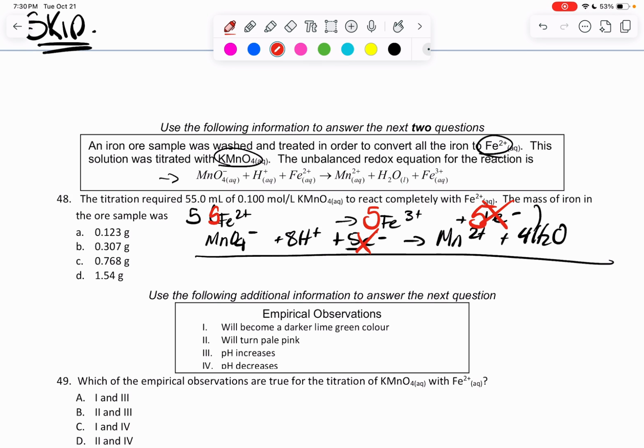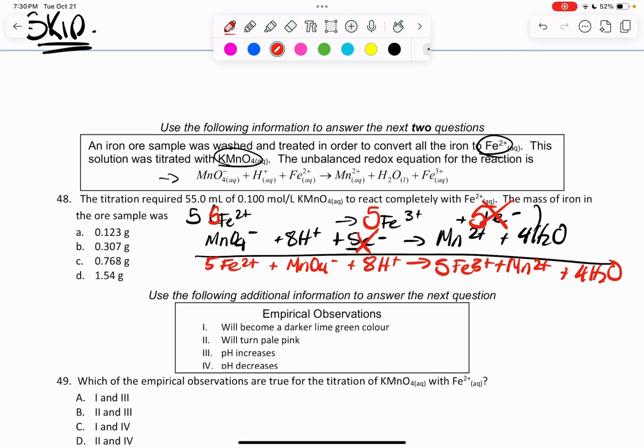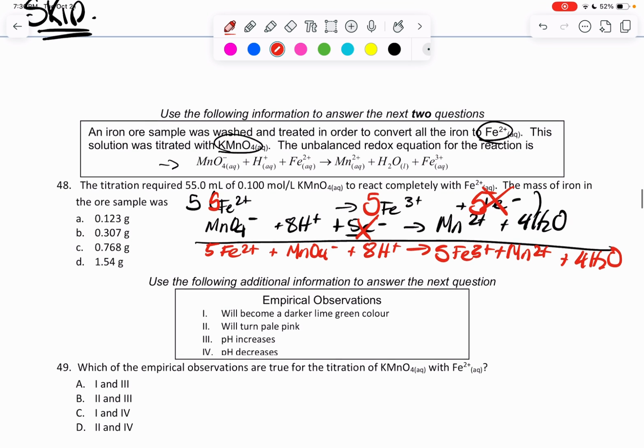These cancel, which should give me a net ionic of 5 Fe2 plus MnO4 minus plus 8H plus, which should give me 5 Fe3 plus Mn2 plus 4H2O.